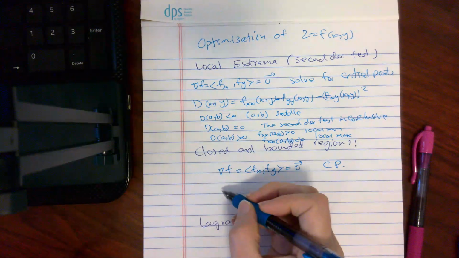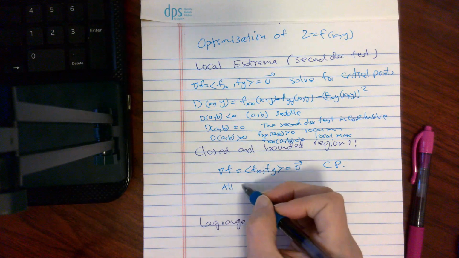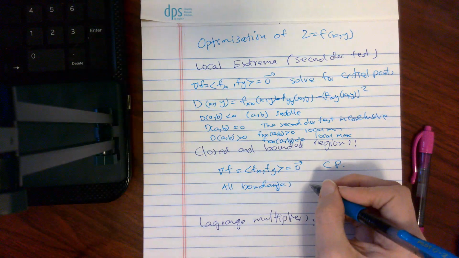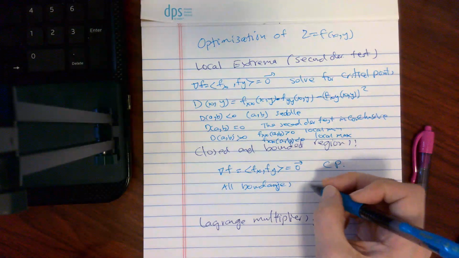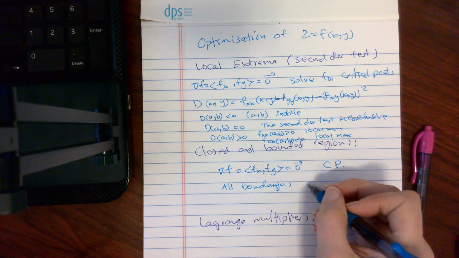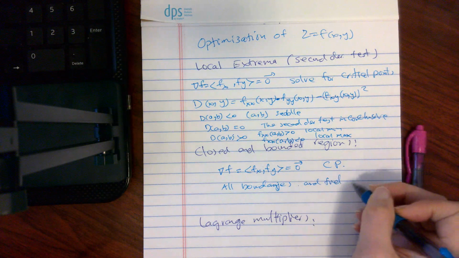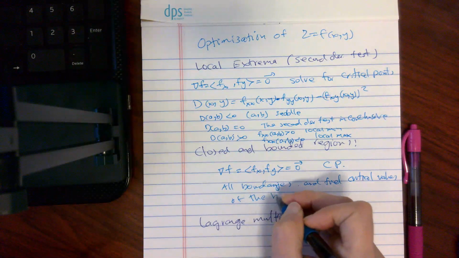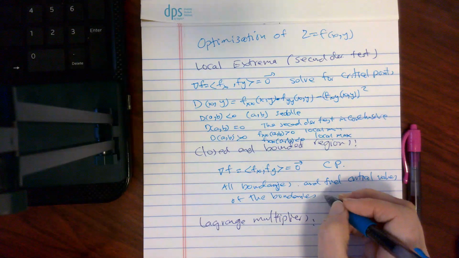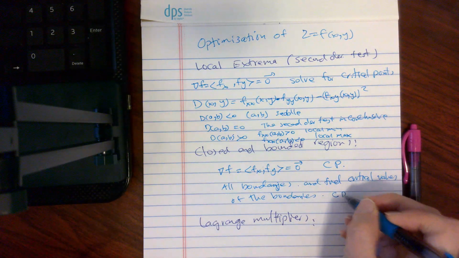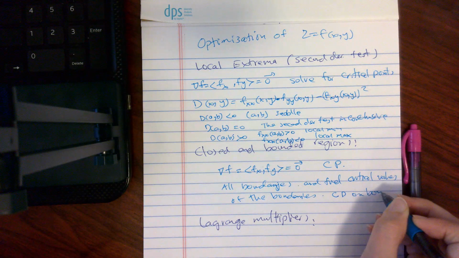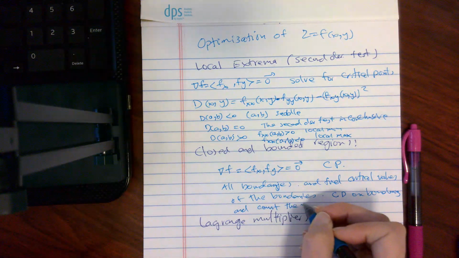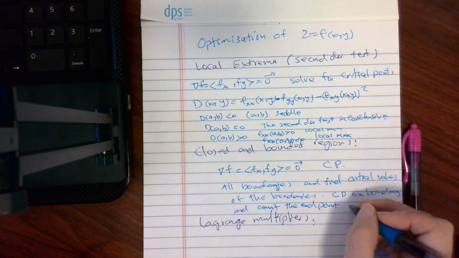Then find all the boundaries, find the critical points on the boundaries by finding critical values of the boundaries, and count the endpoints and compare.